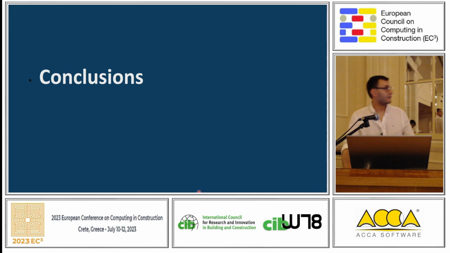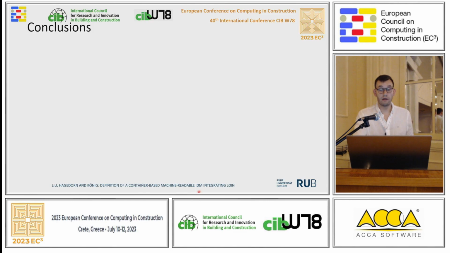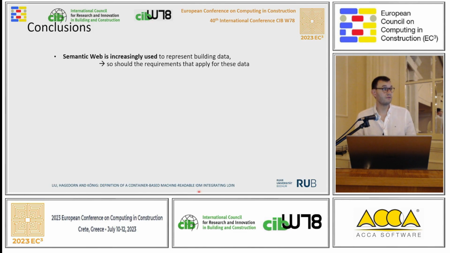Okay, so concludingly, what have we done and what have we achieved with our publication? First of all, we've seen that a lot of building data nowadays, especially in research, is either modeled or described using semantic web technologies. And so we said definitely we also need the requirements to be in linked data and semantic web, because otherwise it makes no sense.